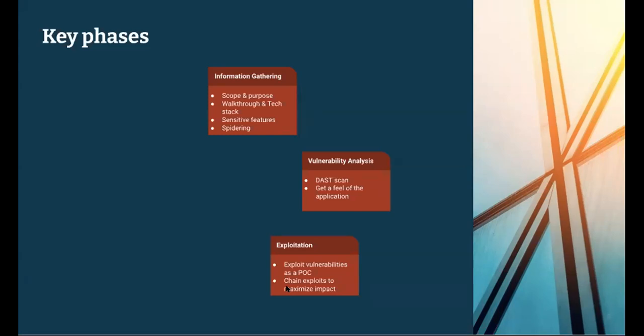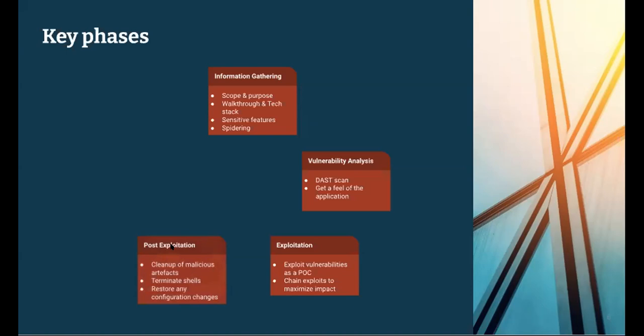On their own, these individual vulnerabilities may not have a lot of impact on the application, so it may seem very trivial, like nothing much has happened. But if you're able to chain them in the right way, you might come up with a much more powerful attack vector that a malicious user may use. So this is the thing that you do in an exploitation phase.